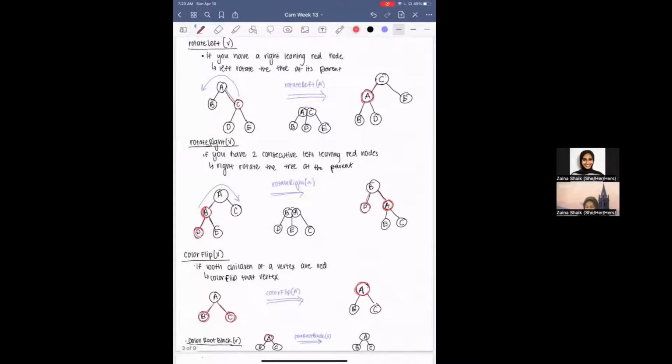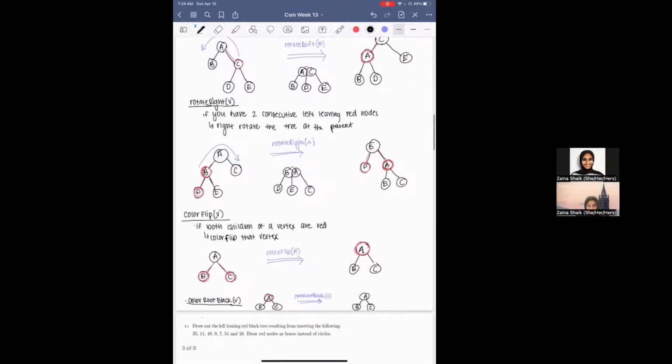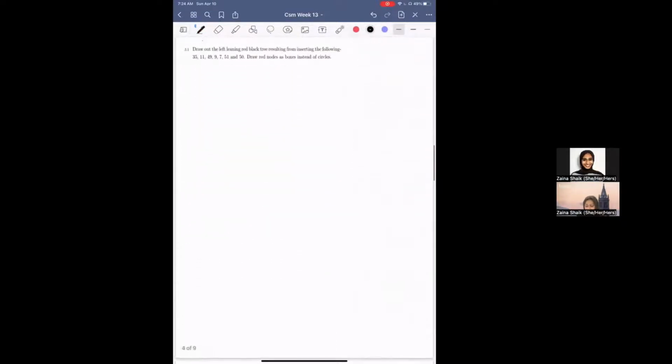And then a sub-step of this is coloring the root black. So if a root is red, then we can color it black. And after performing all of these operations, after you insert a node into the tree, you'll have a balanced LLRB. So we can start the example or the question.